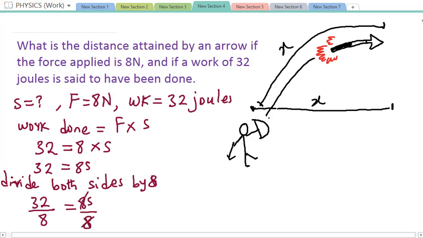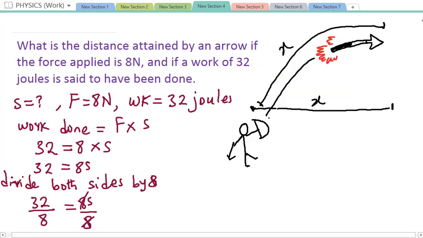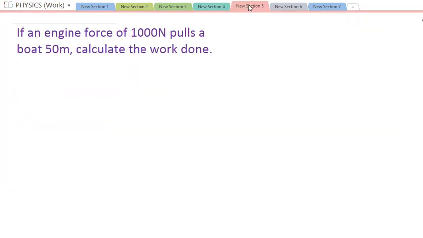Let's check: 32 divided by 8 is 4. So 32 here is 1, and here is 4. So therefore s, which is distance, is equal to 4 meters. Distance is measured in meters, so the distance attained by this particular arrow when it was shot was what? 4 meters. Okay, so I have another question to solve.